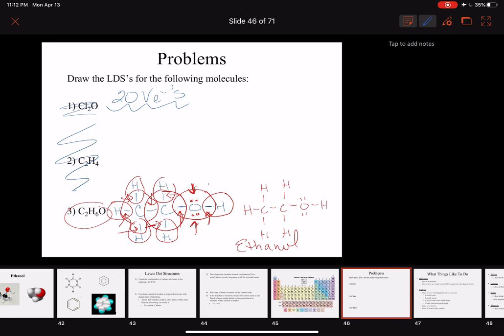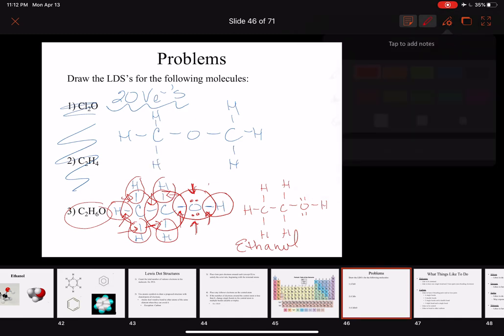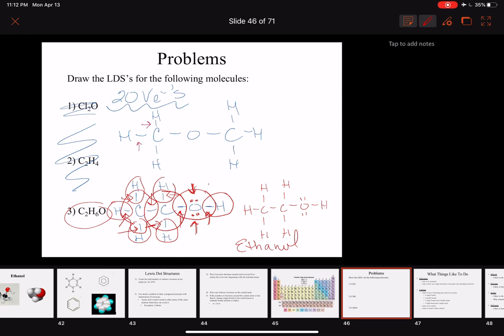And we can go ahead and put oxygen in the center like that. And let's be symmetrical about this and put the hydrogens around the edge. And then here we can see that we've used up 2, 4, 6, 8, 10, 12, 14, 16 valence electrons, and that means that we have 4 left over.